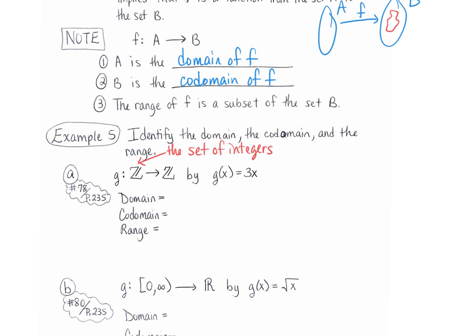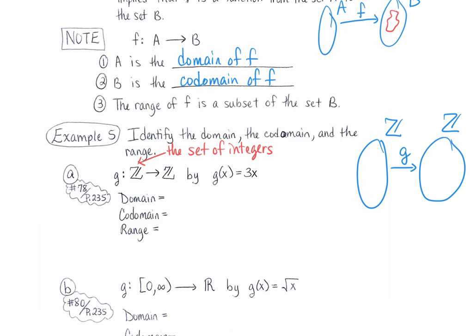If you're picturing this, you have the set of integers, you have the set of integers, you have G. Every integer here is going to go to what we said. What did we say it was going to go to? A multiple of 3. But that's not going to be all of this.